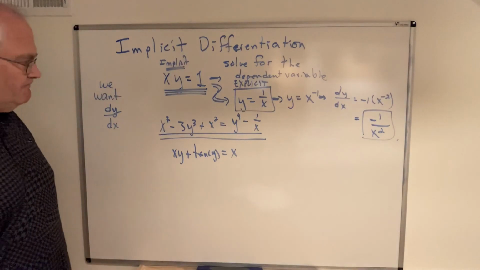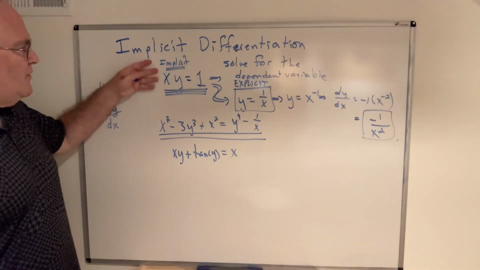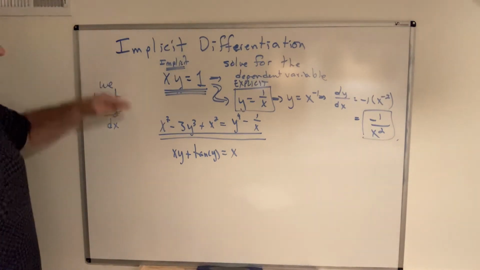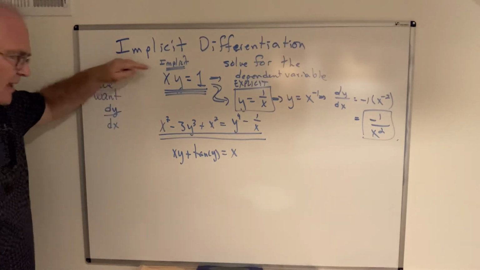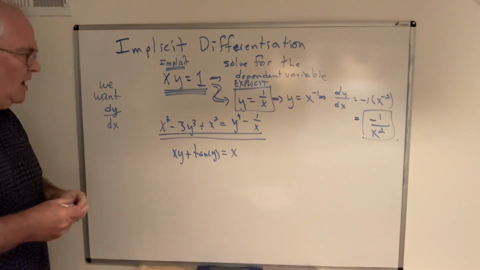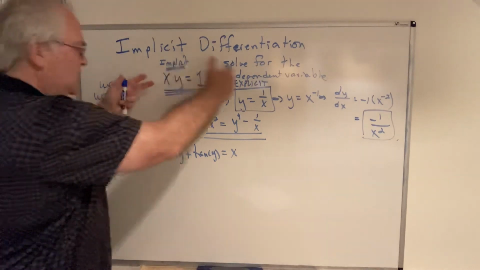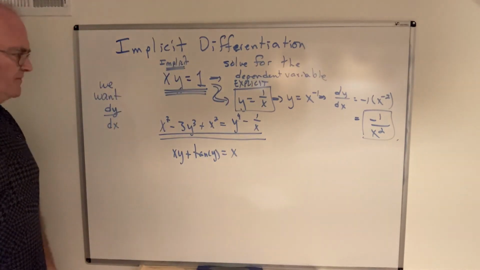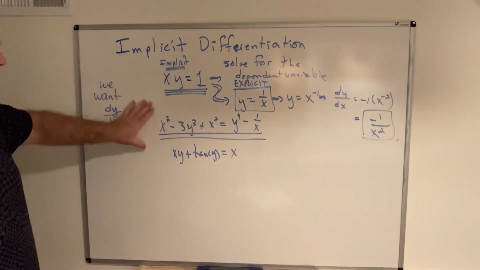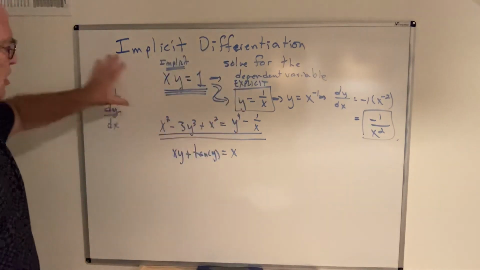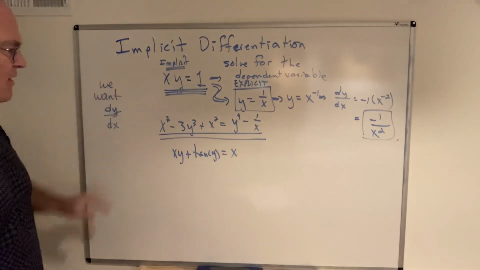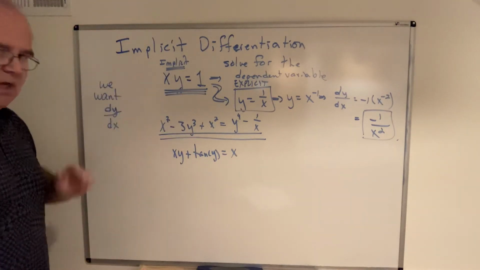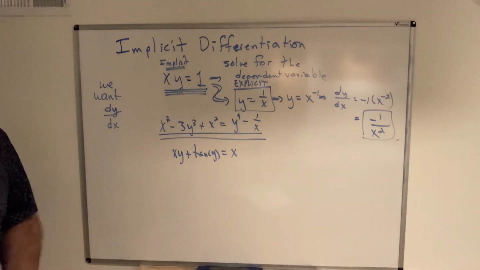We will go through how to do these computations using implicit differentiation rather than trying to solve for the variable and use explicit differentiation. In the next video, now that we have this terminology and understanding, we're going to go to the actual computation, and that's up next.